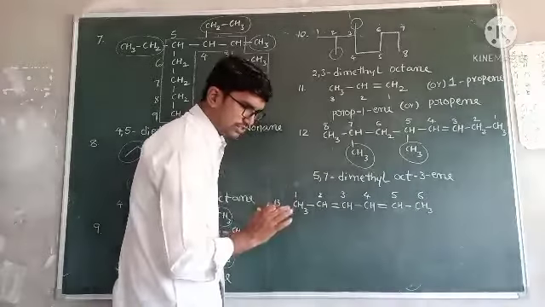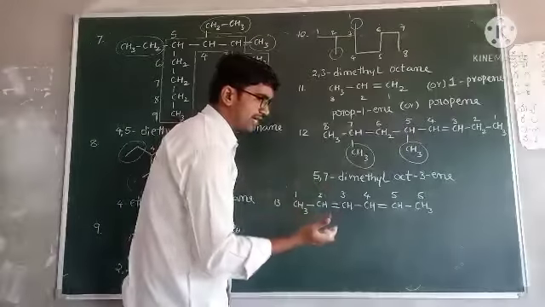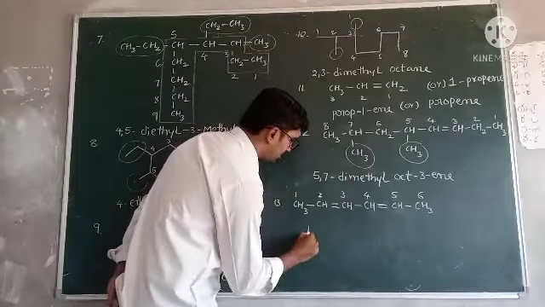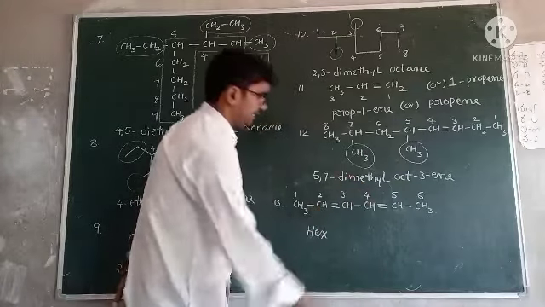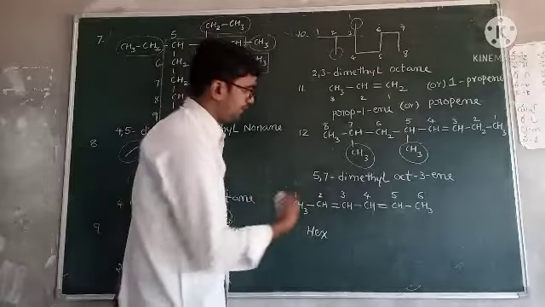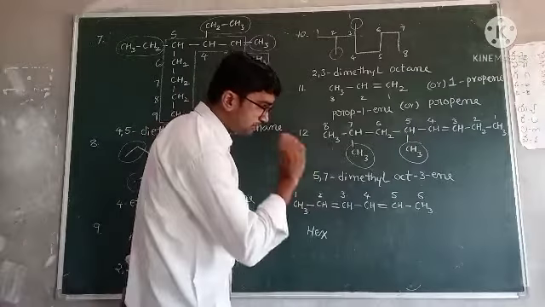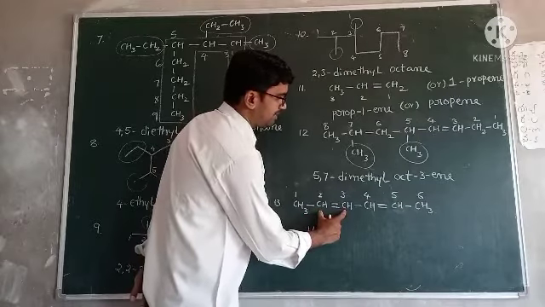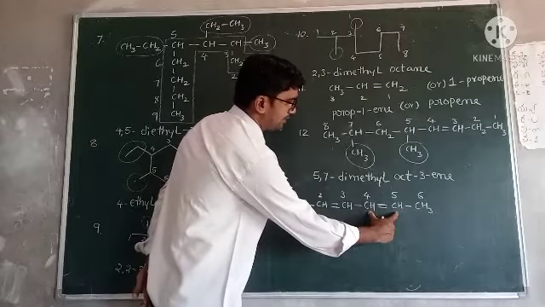First write the substitutions. There are no substitutions. Now write the number of carbons. How many carbons are present in this long chain? 6 carbons. So hex. Next, bond type. Double bond is present. But at which position? Between 2 and 3, one double bond is present. Between 4 and 5, one double bond is present.